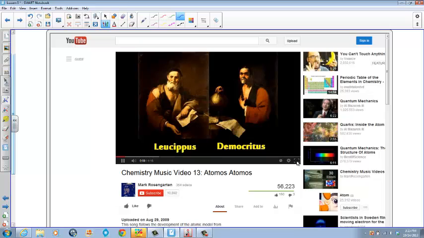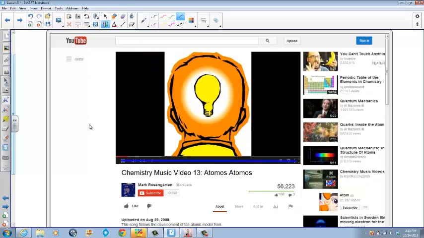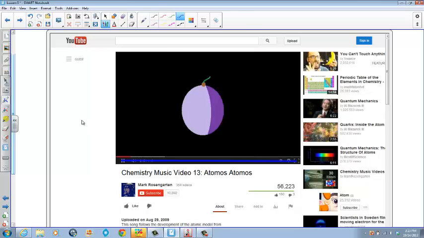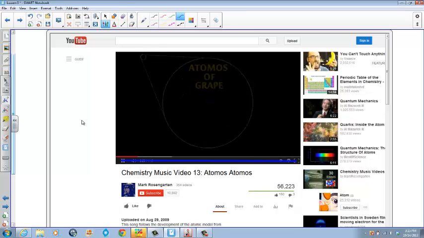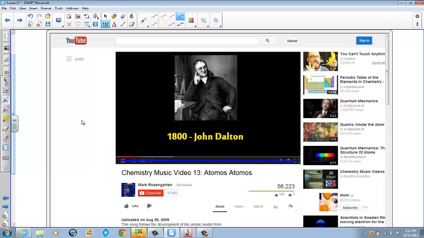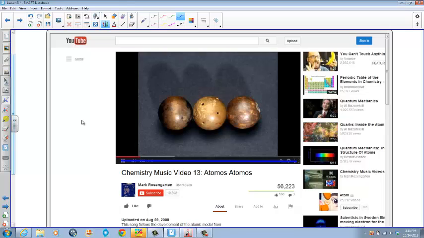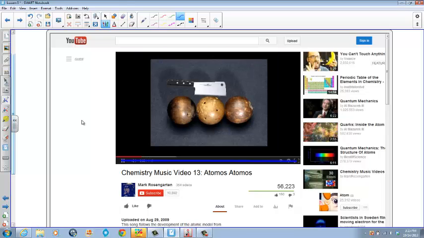Long ago, two Greeks were consuming grapes and wine. They had a great idea that was really, really fine. If you took a substance and divided it enough, eventually you get the smallest particle of stuff. 1800, Dalton said the atom is a sphere. It cannot be divided any smaller, do not fear.